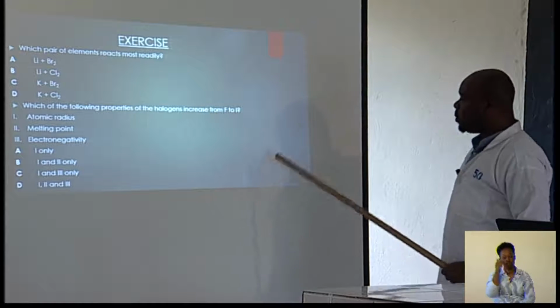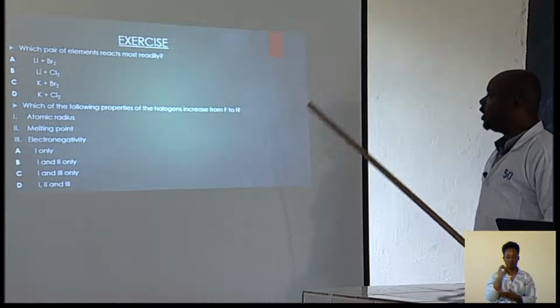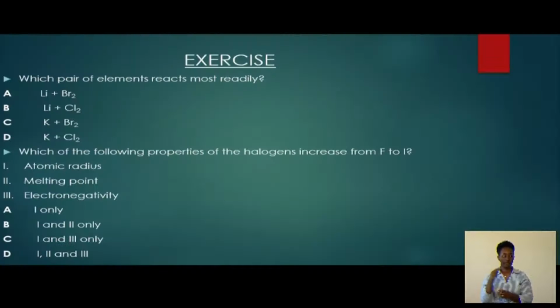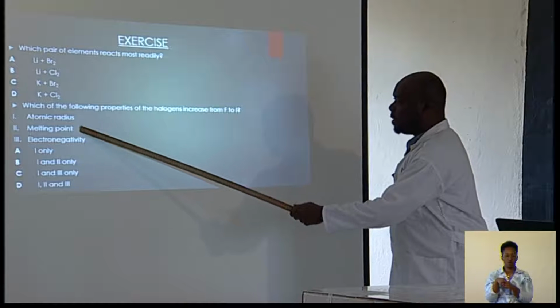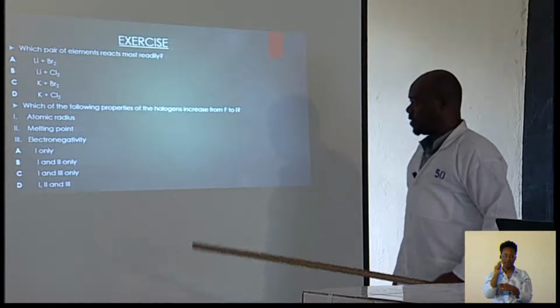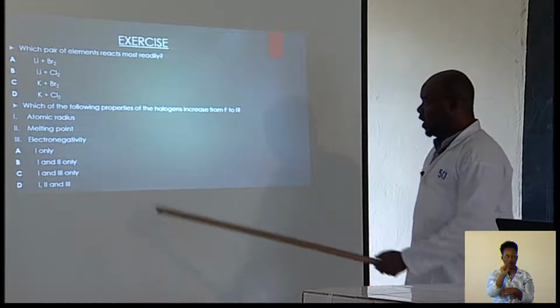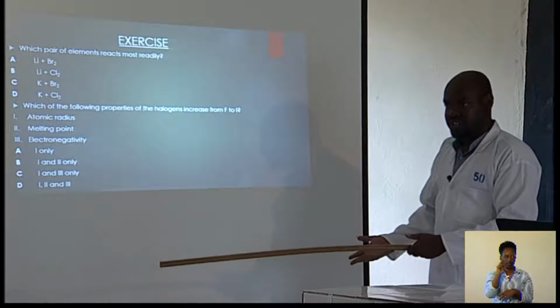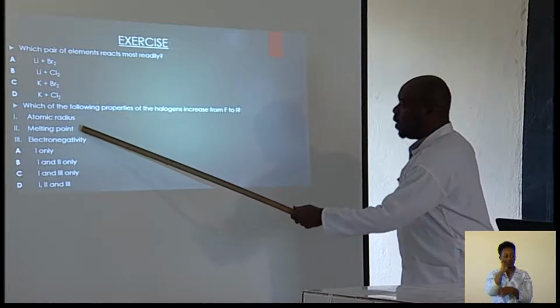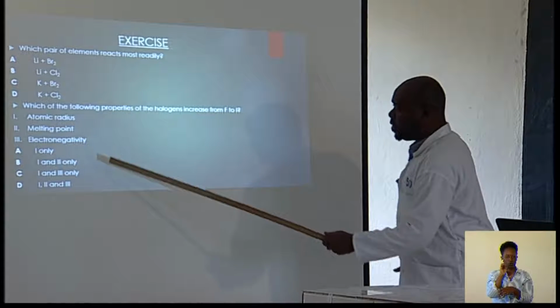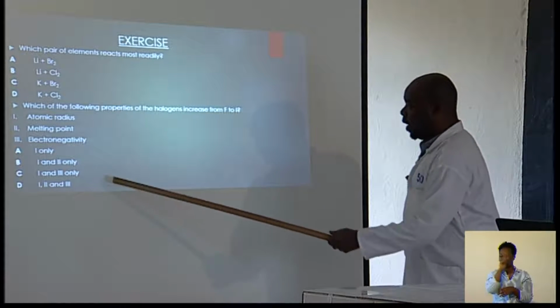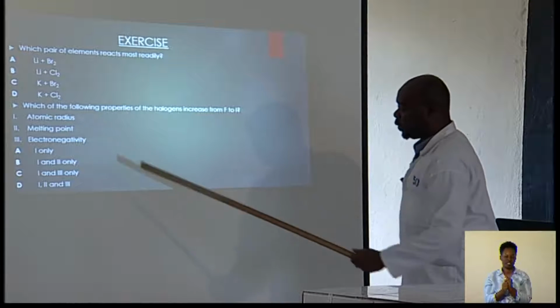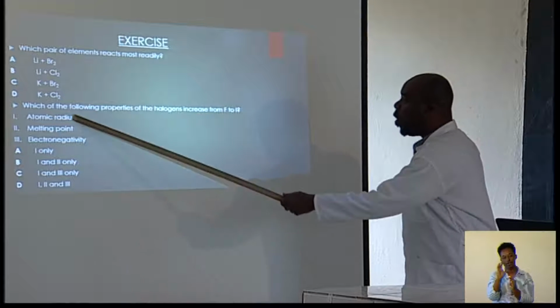Which of the following properties of the halogens increase from fluorine to iodine? We have A, the atomic radius only; B, atomic radius and melting point; C, atomic radius and electronegativity; or D, all the 3?